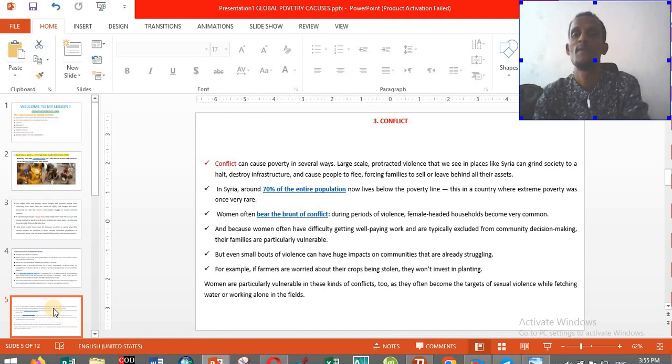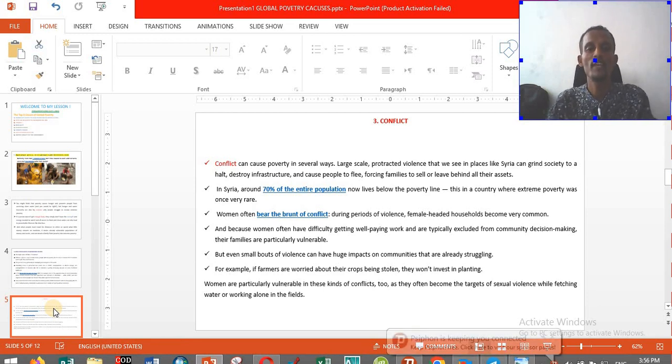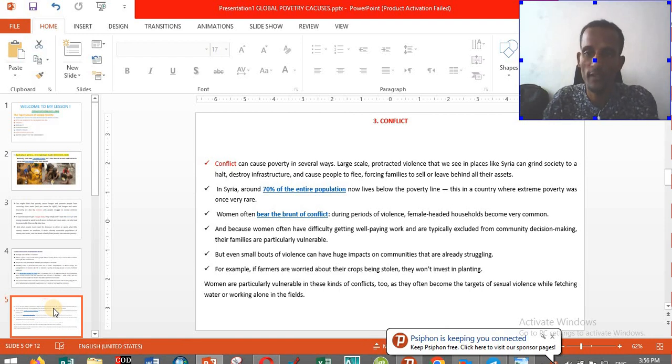We have experienced how dangerous conflict is, how conflict damages everything, how conflict is a very serious problem. We know how very bad conflict is. So conflict can cause poverty in several ways.